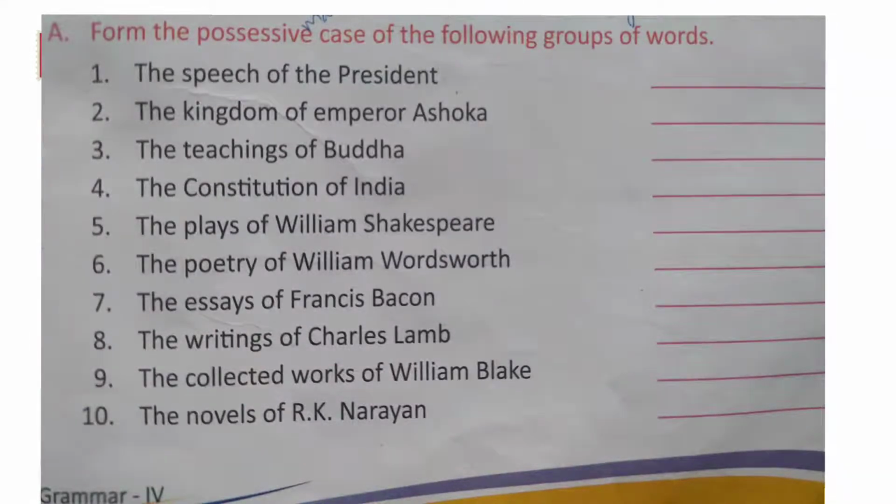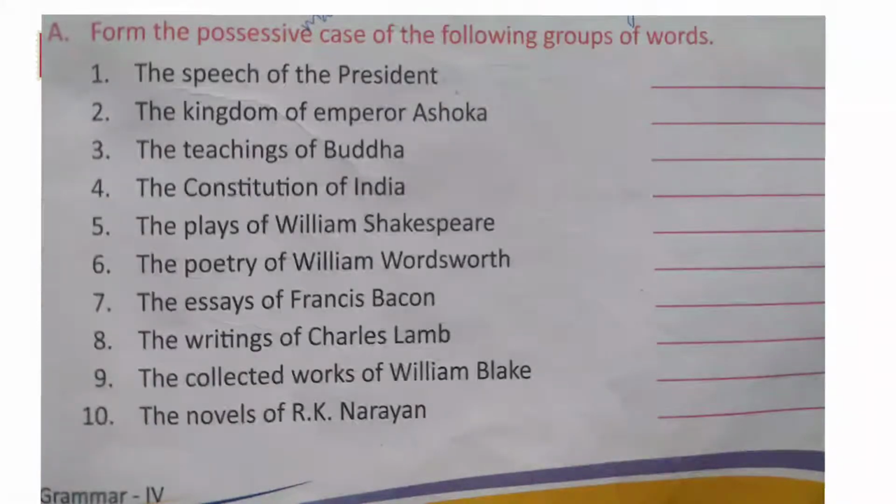The writings of Charles Lamb. Charles Lamb's writings. The collected works of William Blake. William Blake's collected works. The novels of R.K. Narayan. R.K. Narayan's novels. So in all the sentences given, we have used apostrophe s.